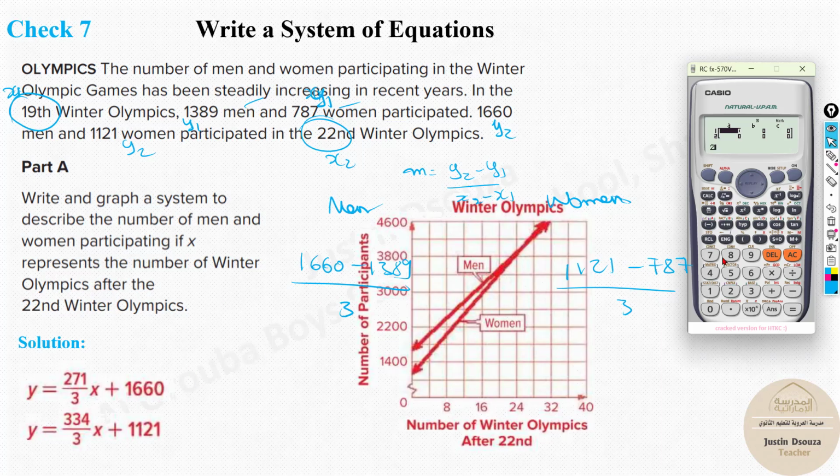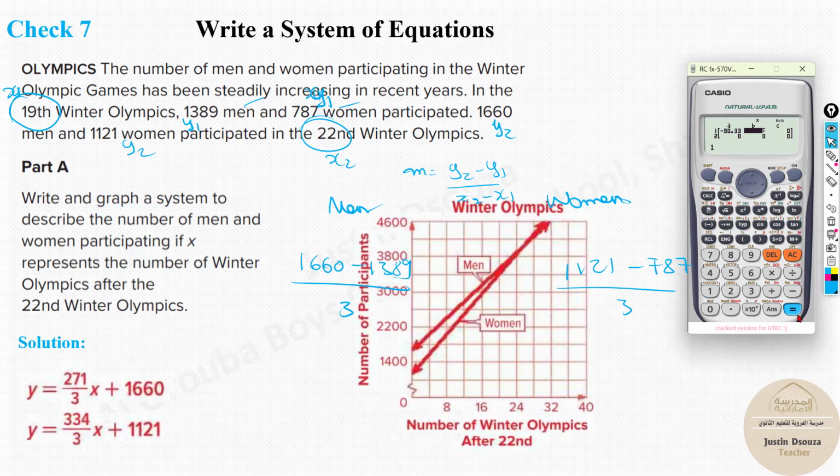What's the first one? 271 divided by 3. x value, but I have to change the sign. I forgot. It's minus. It's minus 271. Why? Because I have to write x first, then y. And this must be taken to the other side. It'll be minus 271 divided by 3.